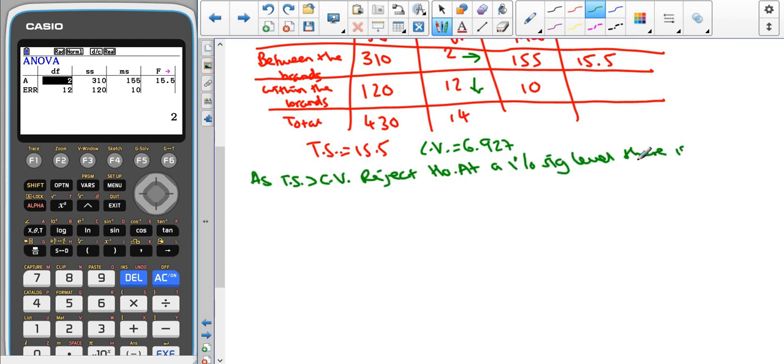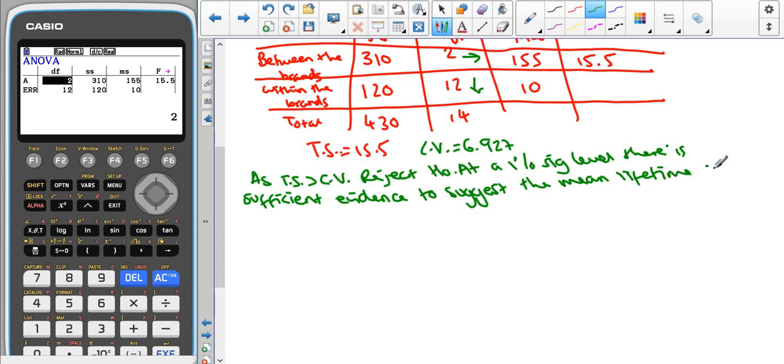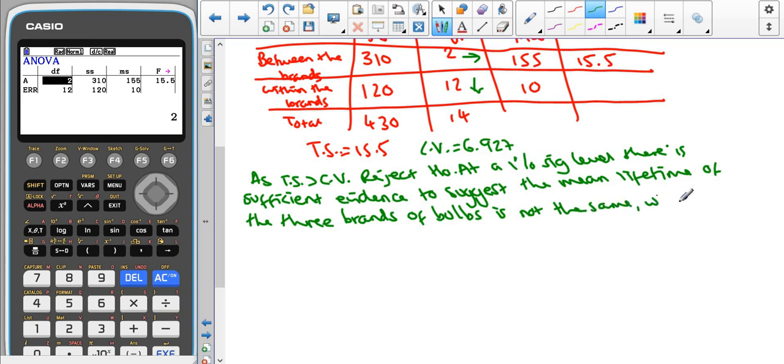There is sufficient evidence to suggest the mean lifetime of the 3 brands of bulbs is not the same, where at least 2 differ.